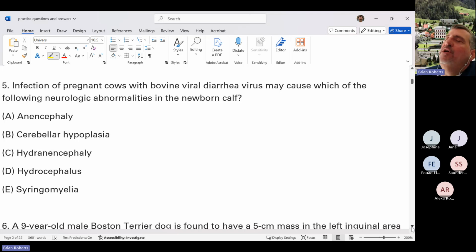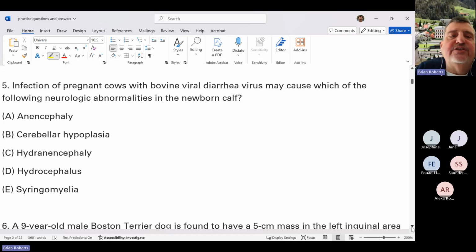They always have a question about shipping fever or an outbreak in a poultry facility with influenza or something like that. There's always going to be a herd health infectious disease question about viral diseases, right?